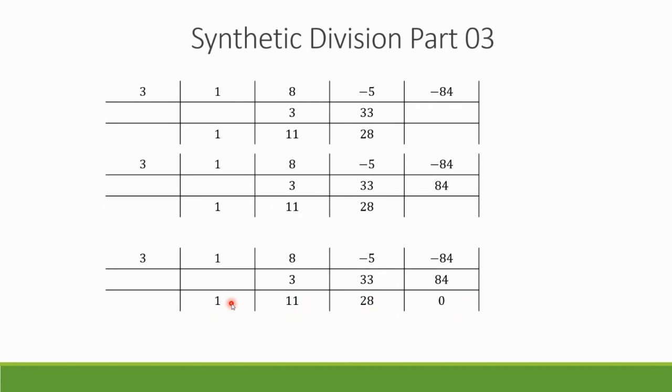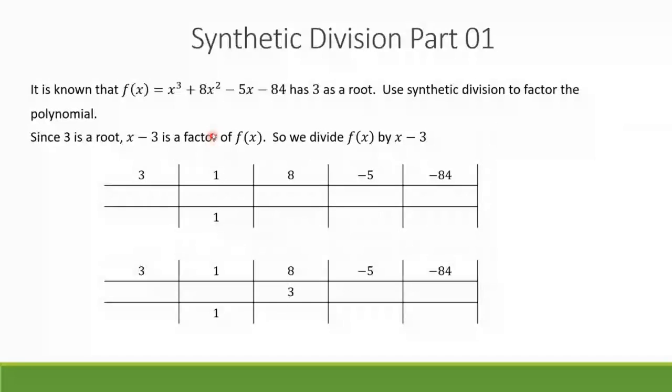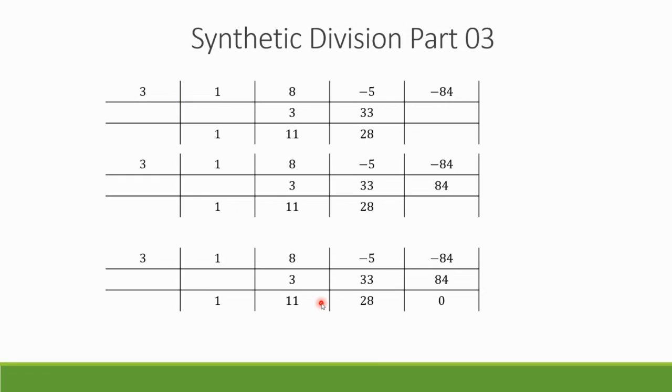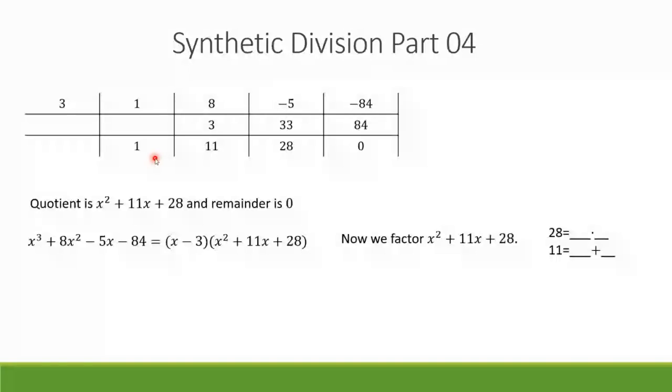The quotient is 1 degree less than the dividend. Since f of x is degree 3, the quotient is degree 2, with coefficients 1, 11, 28.